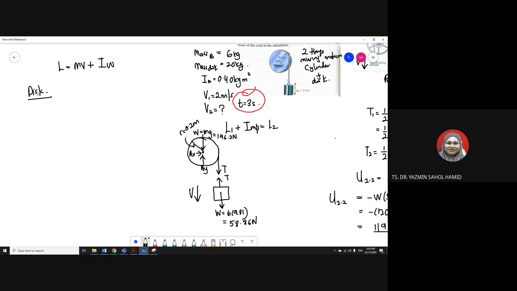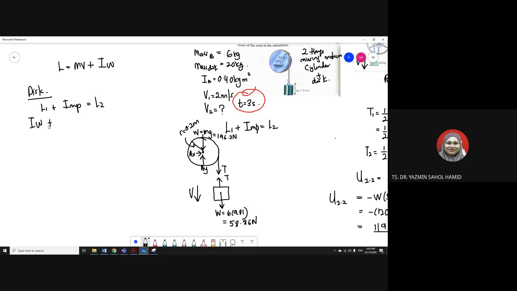Tapi for the disc, what is happening to the disc? Dia only rotating, am I right? Yes. So for the disc, the L that we are going to consider is only considering I omega only.